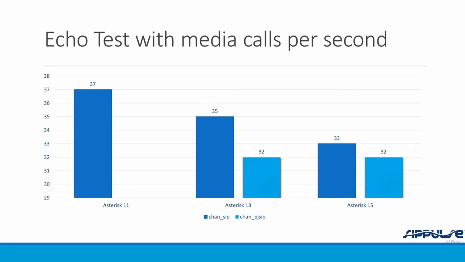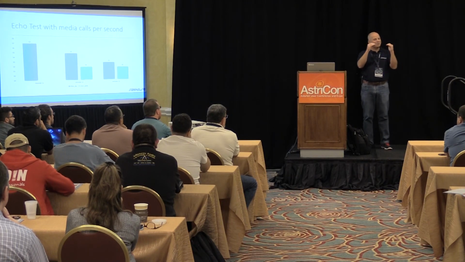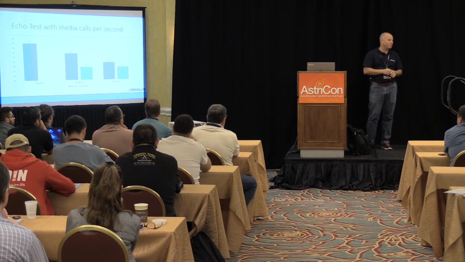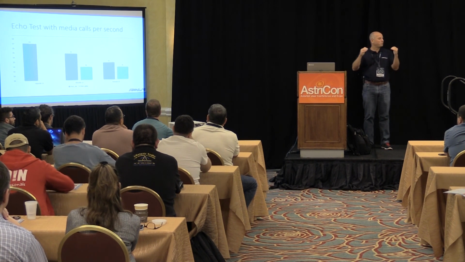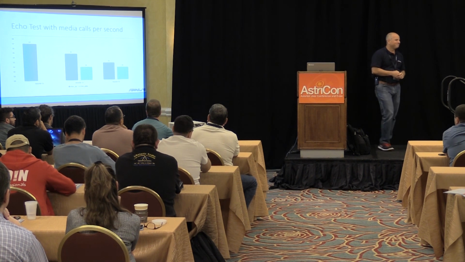And for Asterisk 13 on pjsip, we have 32, and Asterisk 15, also 32 calls per second. What's the reason for pjsip to now have a performance that is worse than SIPP? CPU. It uses more CPU, so it can actually decrease a bit the number of simultaneous calls. You have less CPU to process more media channels.